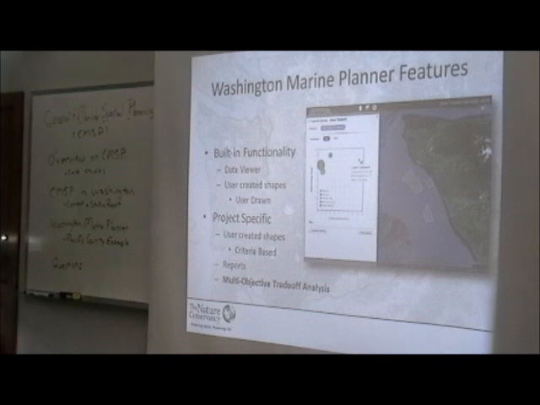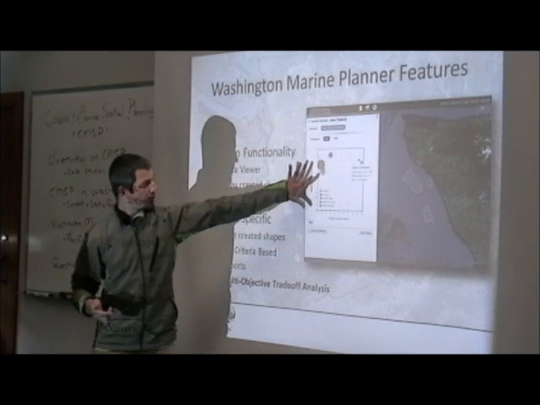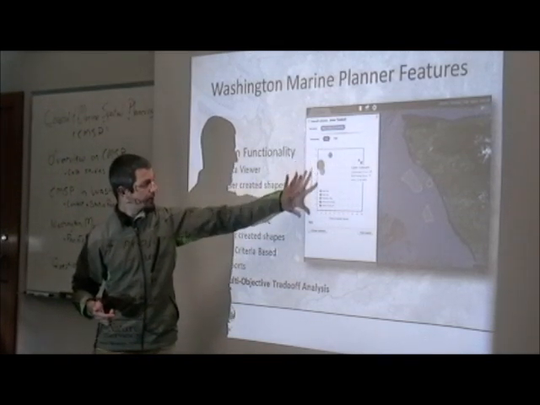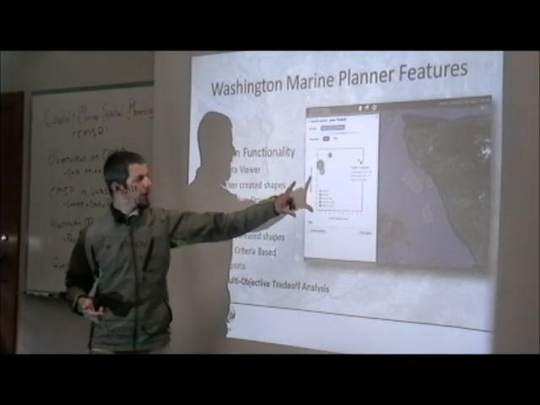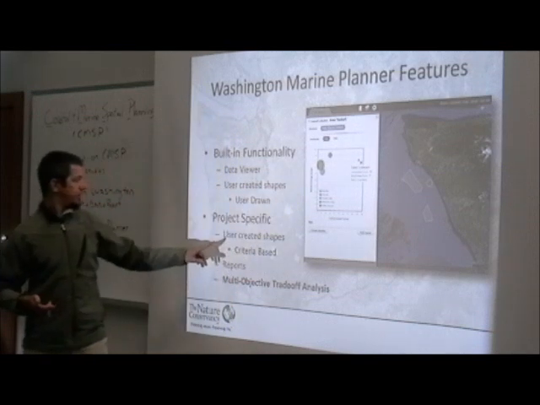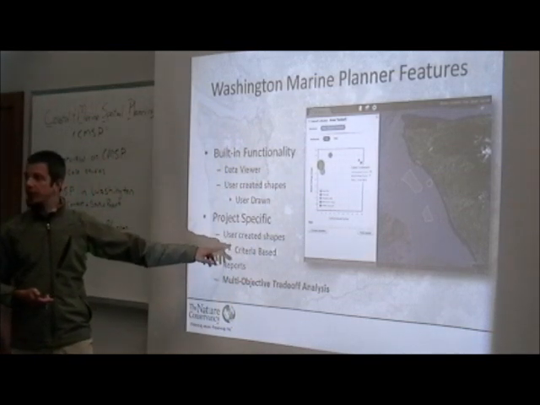And then the last aspect of this project-specific functionality is this multi-objective trade-off analysis, and this has to do with those management objectives, so the renewable energy and then the marine conservation. And it gives a nice graphical plot of how these compare. And these are based on these user-defined shapes or these areas of interest.